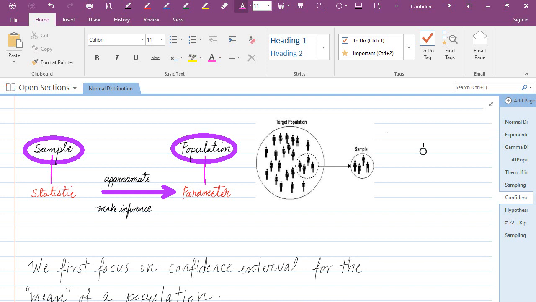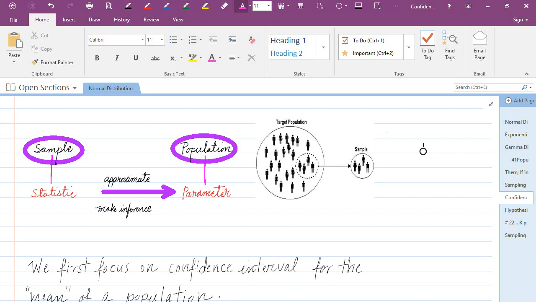The parameter could be the population mean of some variable, let's say height, and it could be proportion, standard deviation, variance, things like that. Just think for now that the parameter is the population mean of some variable like height.